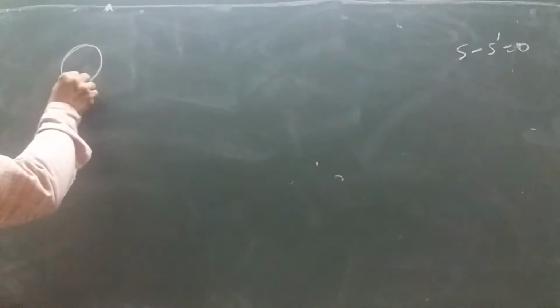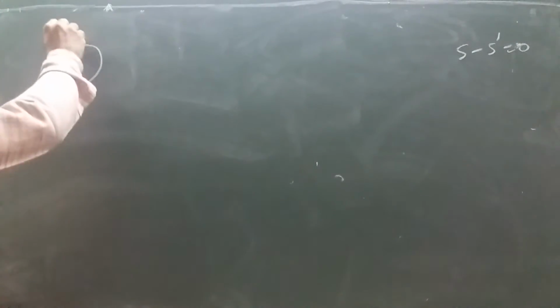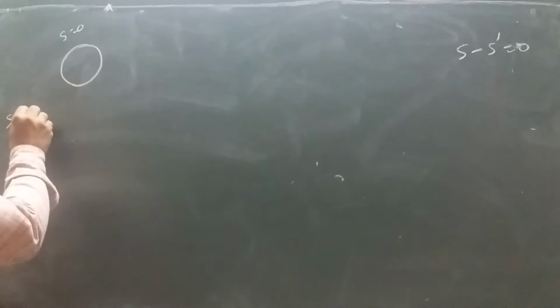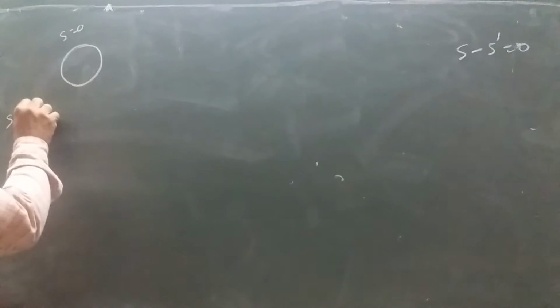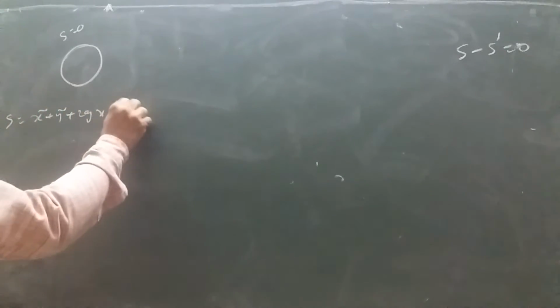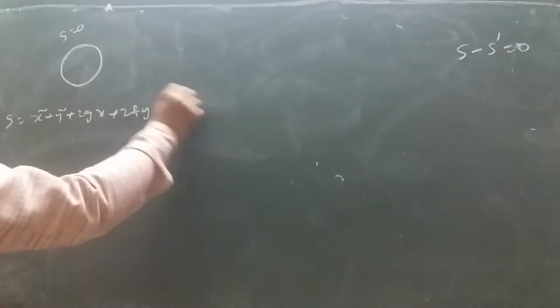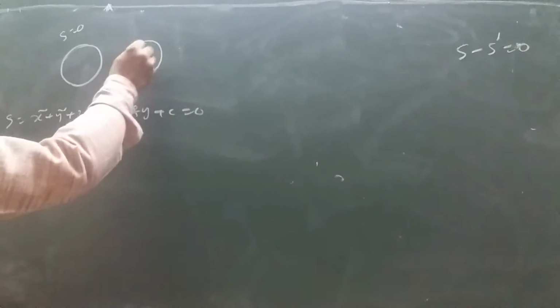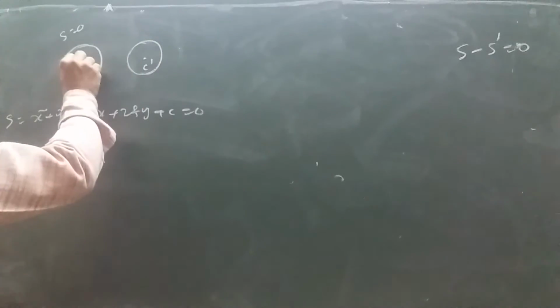If two circles are like this, this is S equals 0, where S is x square plus y square plus 2gx plus 2fy plus c equals 0, and another circle is there with center C dash.